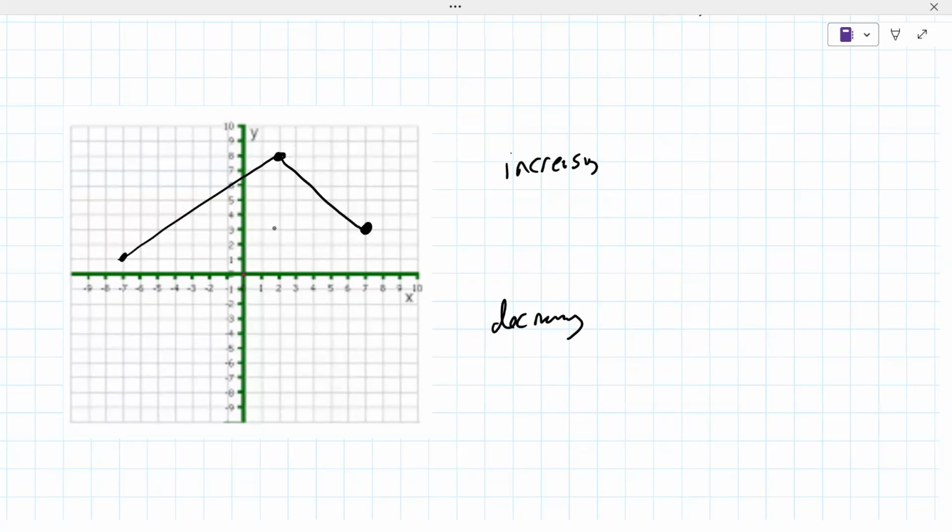It's increasing at -7 and then 2. Okay. And it's decreasing at 2 and 7.